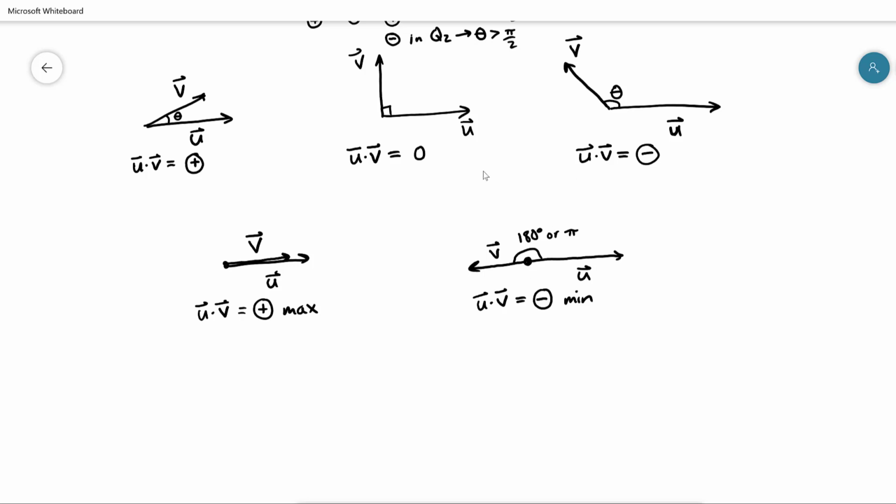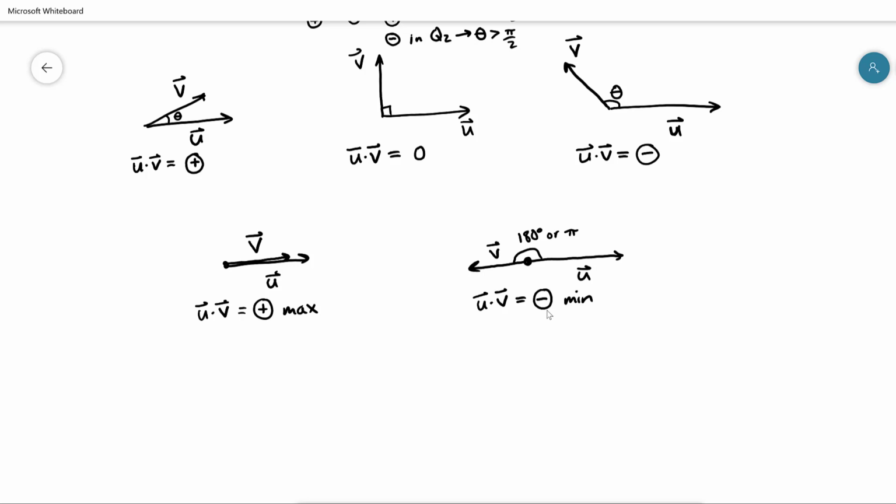So this is kind of our sliding scale. It goes from a large positive number when they point the same direction to a slightly smaller positive number when they point kind of the same direction. It goes down to 0 when they're completely orthogonal, when they point 90 degrees apart. And then it becomes negative once that angle exceeds 90 degrees, all the way to its absolute minimum negative.